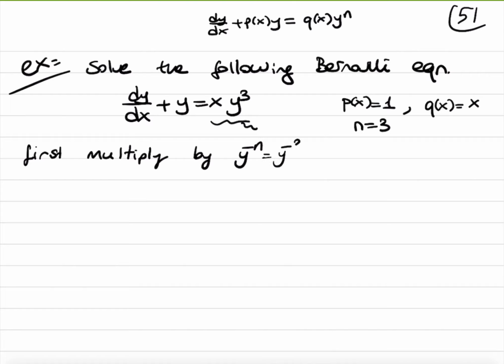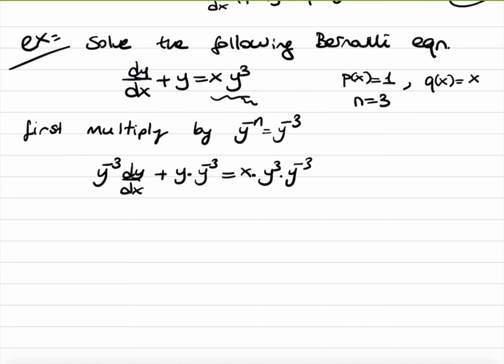In this case it is minus 3, so we have y to the power minus 3 dy over dx. So we multiply every term: y to the power minus 3 is equal to x times y to the power 3 times y to the power minus 3.